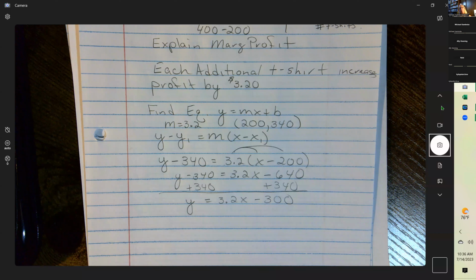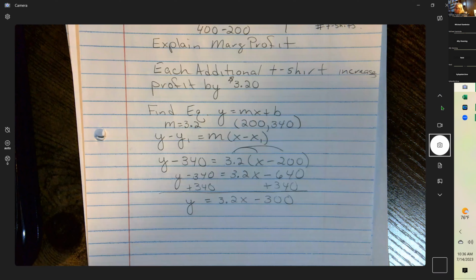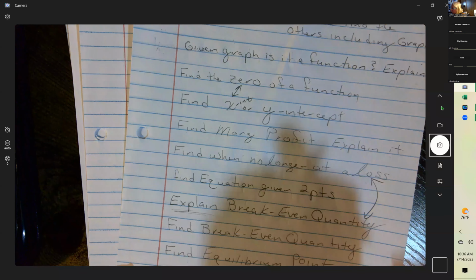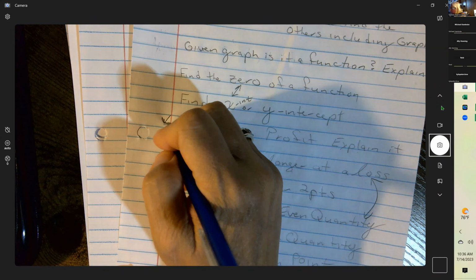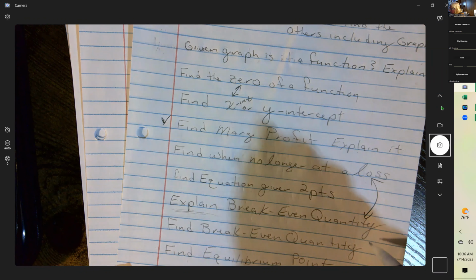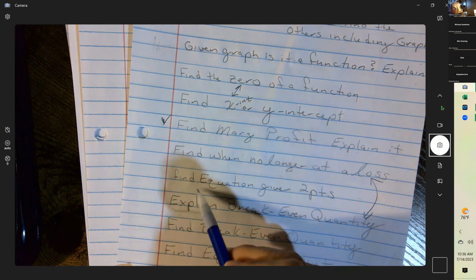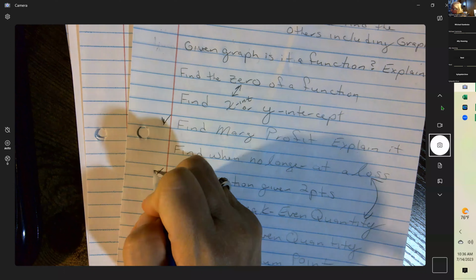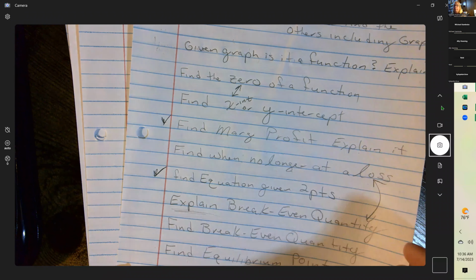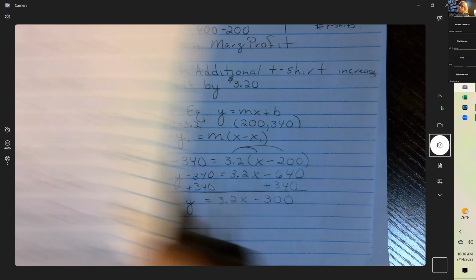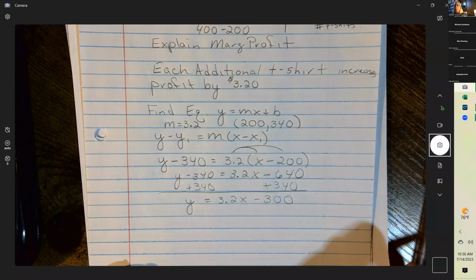Any questions? So marginal profit and explain it. Find equation given 2 points. Any questions?